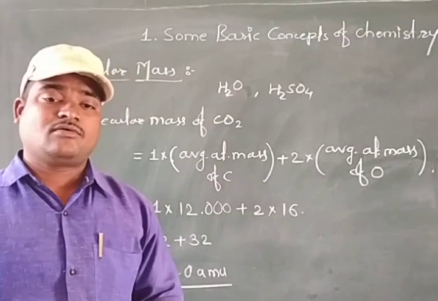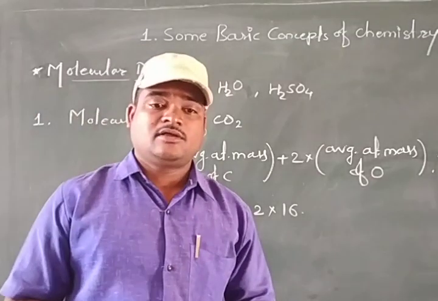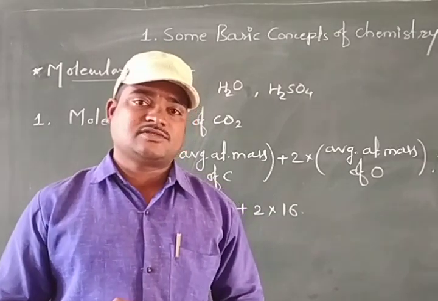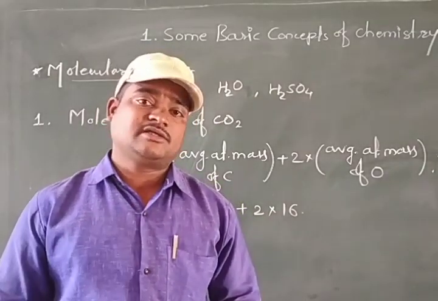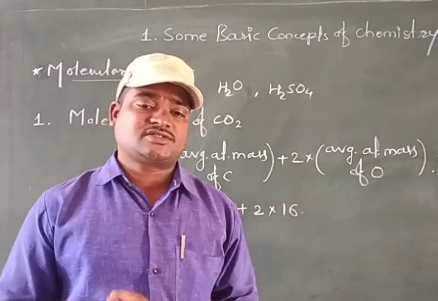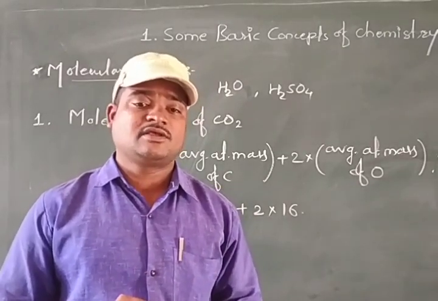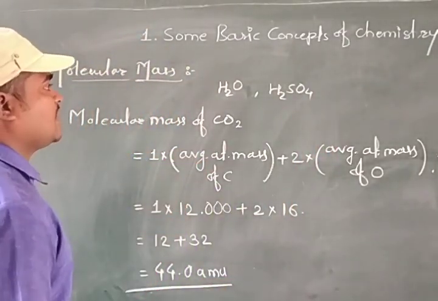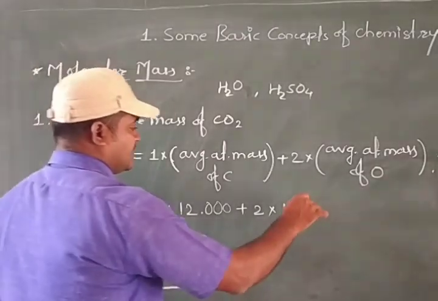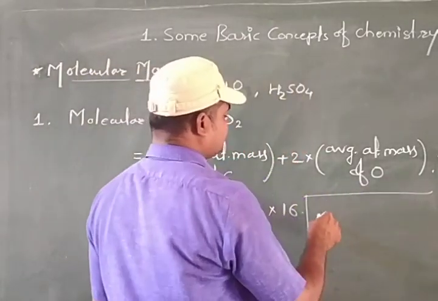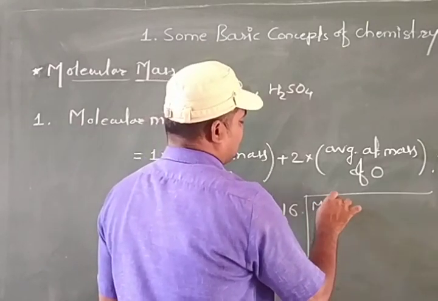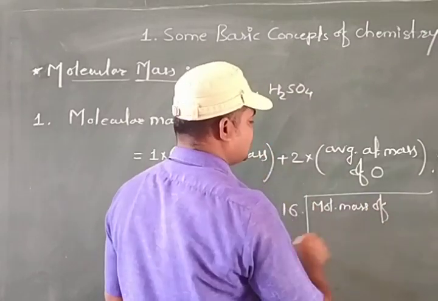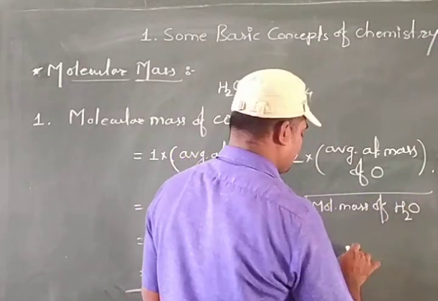In your textbook they have solved that example, and chlorobenzene and sulfuric acid are also given. So you have to just go on solving these problems. For H2O we can also calculate with the help of this formula. By the shortcut method we can calculate like this: molecular mass of, instead of CO2, we are going to calculate for H2O.